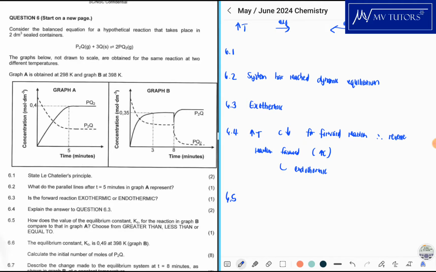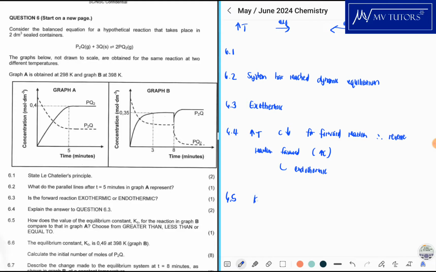6.5. How does the value of the equilibrium constant for the reaction in graph B compare to that in graph A? Is it greater than, less than, or equal to? Remember that the equilibrium constant is actually affected only by temperature.